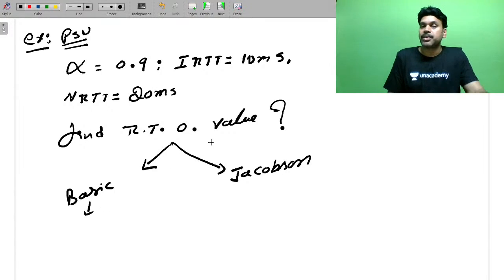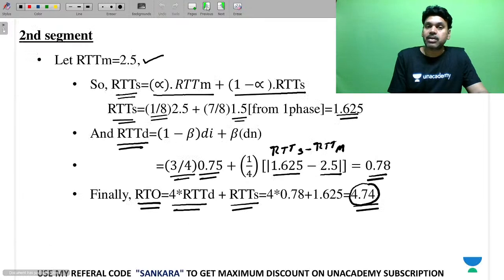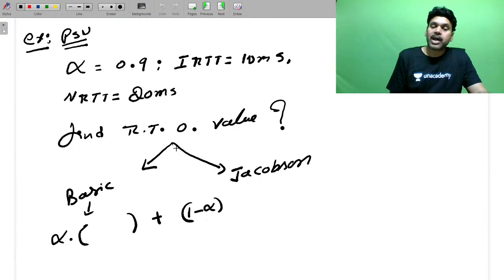According to the basic algorithm, we know the rule: alpha dot RTTM plus 1 minus alpha dot. RTTM is nothing but the measured RTT, and plus 1 minus alpha dot your already calculated RTT, which is nothing but the acknowledgement time only.